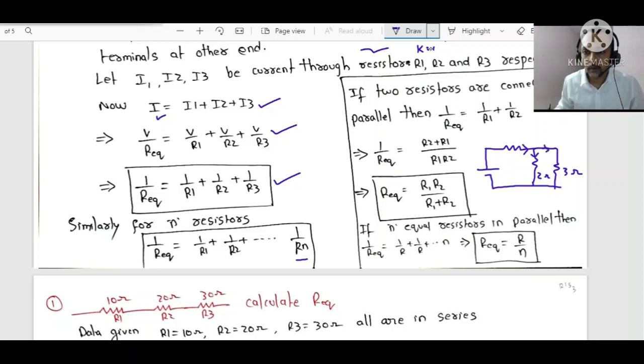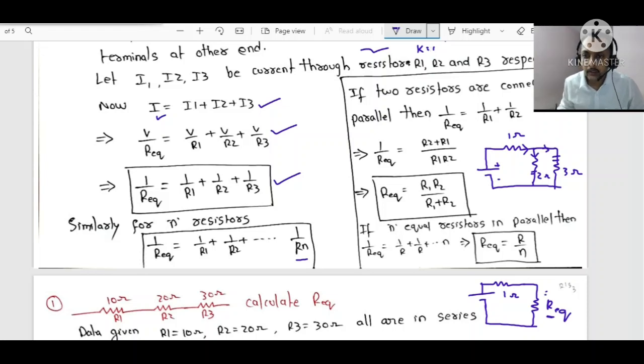At that time, the equivalent resistance will be R1 into R2 divided by R1 plus R2. So in this circuit, for example, if this is 1 ohm, the 2 ohm and 3 ohm resistors are in parallel, and the resultant will be in series. Observe here, if this is 1 ohm, whatever answer you get will be here as R equivalent.